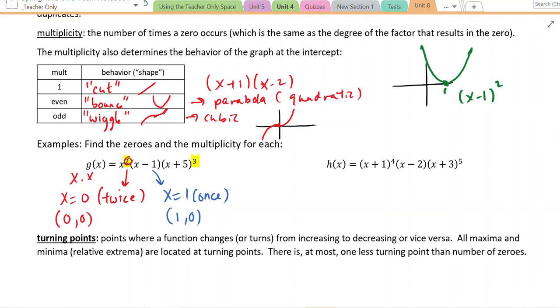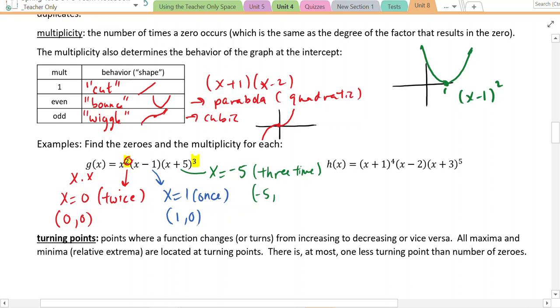And then there's this one where we set x plus 5 equal to 0, so x is equal to negative 5. This happens 3 times. And the point for it is negative 5, 0, because if I plug in negative 5, the whole thing will be 0.